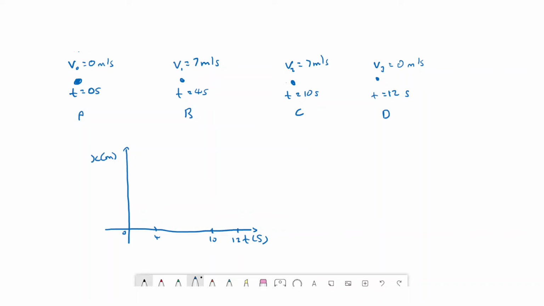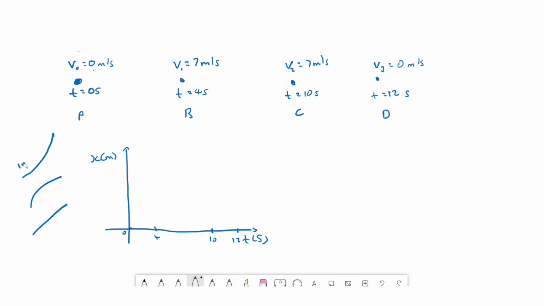So what's going to happen is my distance is going to increase, but then my velocity is increasing. So remember when we said that if your slope is increasing, you have something like this. If your velocity is decreasing, you're going to have something like this. If your velocity is constant, you're going to have something like this. All right.